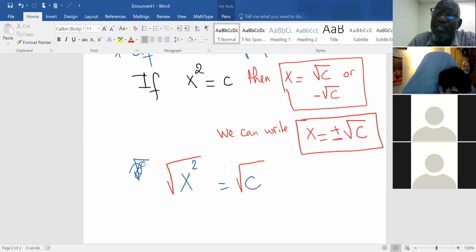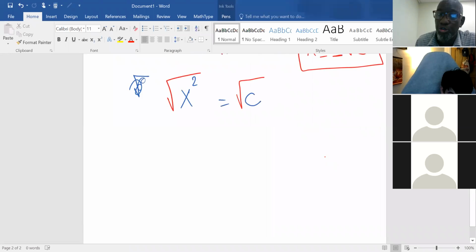When I look at this, the square root and the square, what do they do to each other on the left side? Do they always cancel each other in this case? This is a trick. Where the square is inside, they don't actually always cancel each other.